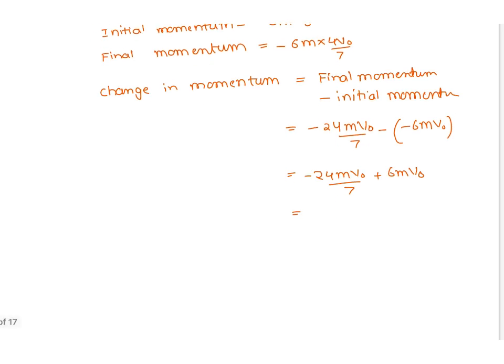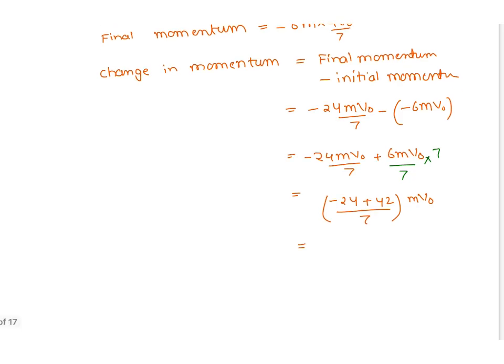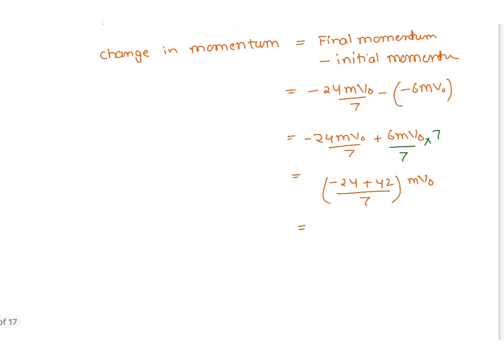I am multiplying and dividing by 7. I will get (minus 24 plus 42) by 7 m v naught. So this will come out to be 18 m v naught by 7.